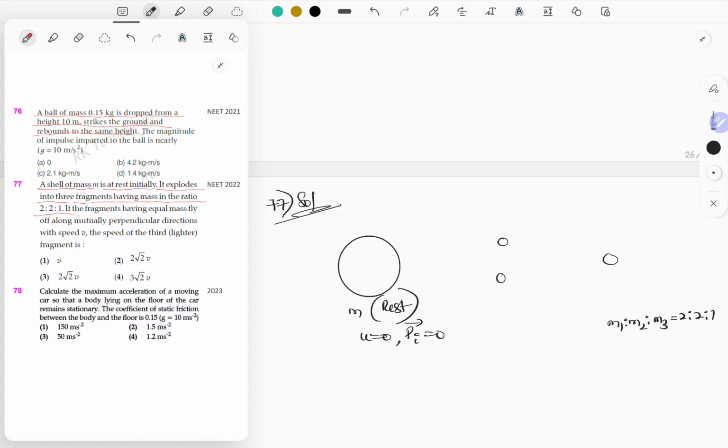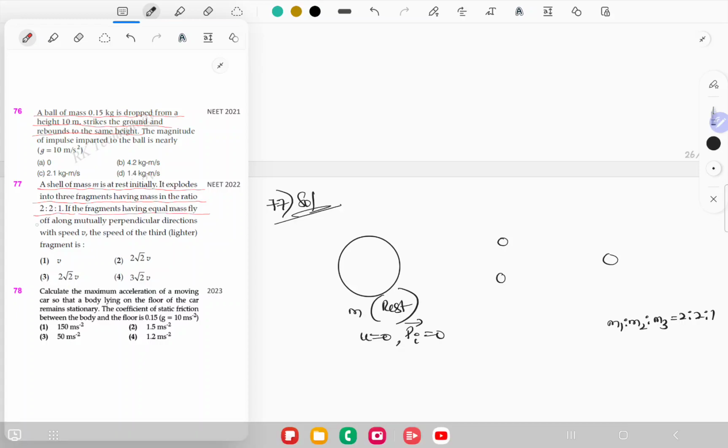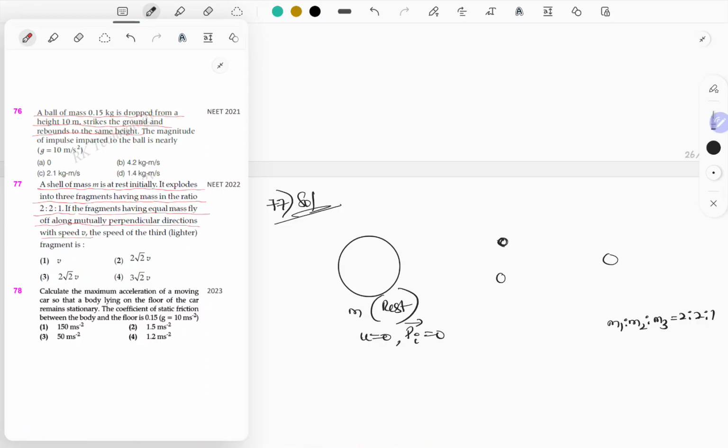Now, the fragments having equal masses fly off along mutually perpendicular directions with speeds v. So 2 particles have the same masses, those are m1 and m2. They are moving perpendicular to each other with speeds v. Let me take those perpendicular directions like this, and this is going to be the particle of mass m3.